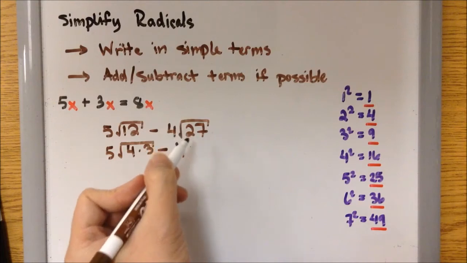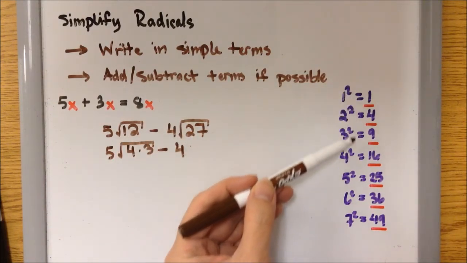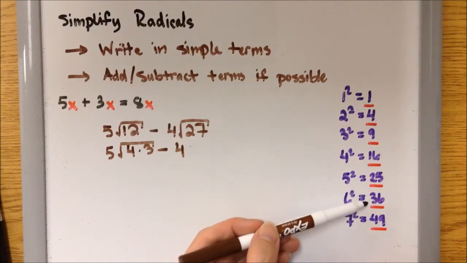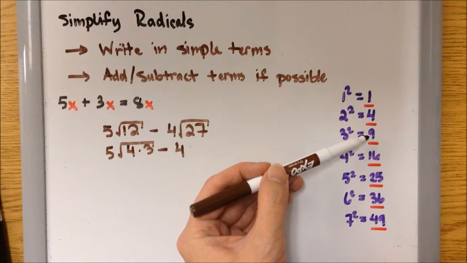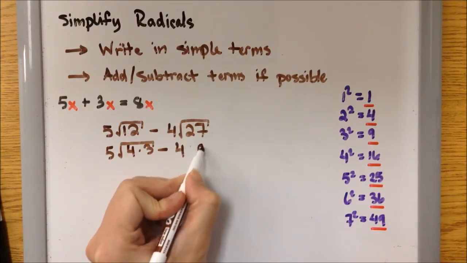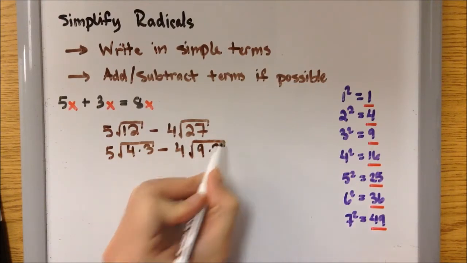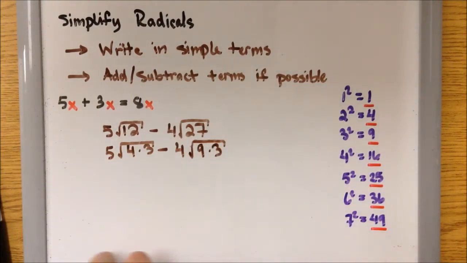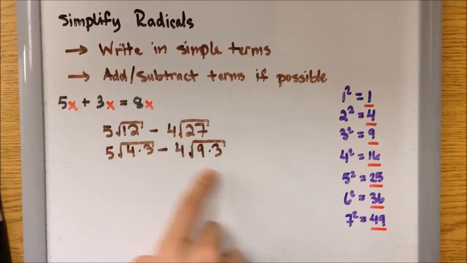Then for the second radical, square root of 27, of the perfect squares, can't use 36, too high. 25, nope. 16, nope. But 9, I could use. So I'm going to use 9 times 3 as the factors for 27. So, checking, yep, broken into factors now.